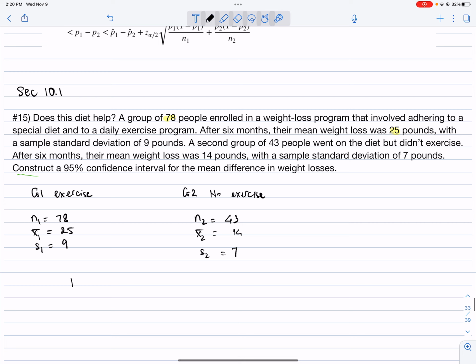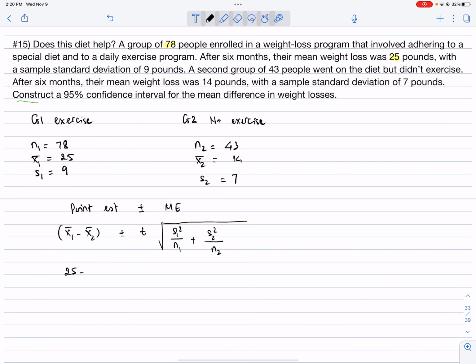We use the formula: the point estimate plus or minus the margin of error. So that is x1 bar minus x2 bar plus or minus t times the square root of s1 squared divided by n1 plus s2 squared divided by n2.